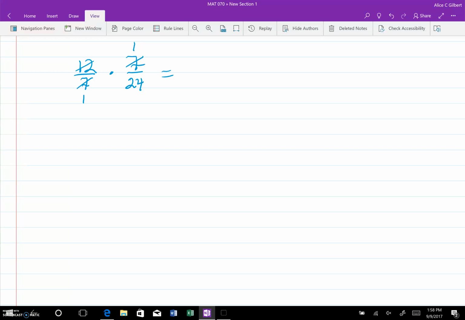And let's see, 12 can go into itself once and into 24 twice. All I need to do now is, and this is where writing your numbers above or below is really important, because if you do not write those ones above, very often people get confused and end up with an answer like this. That's not what we're going to get here.